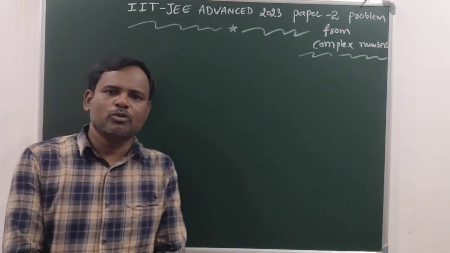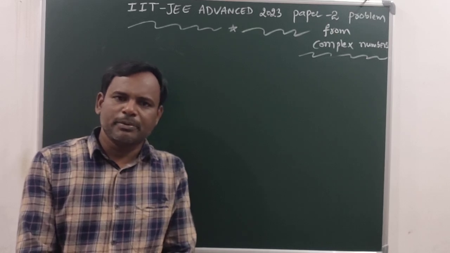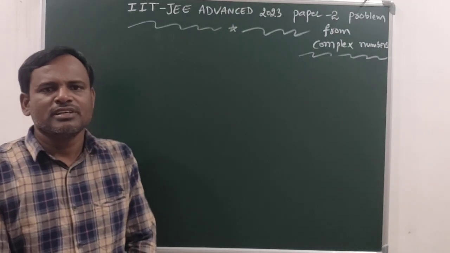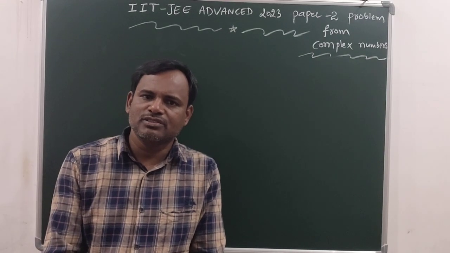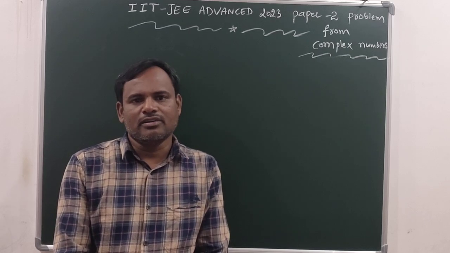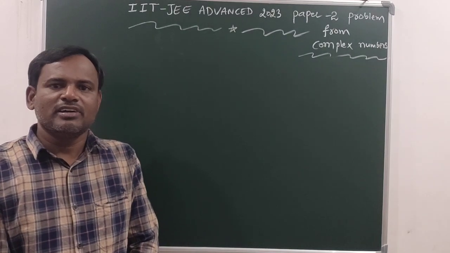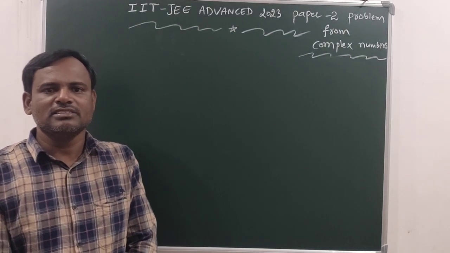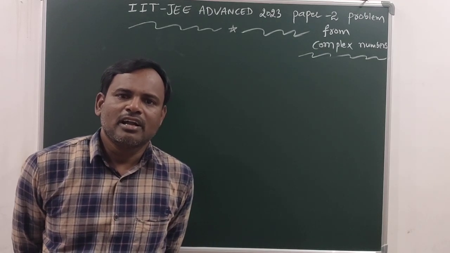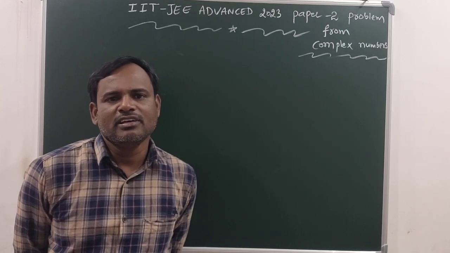In this class, now I am going to explain you JEE Advanced 2023 paper 2 question. This question is from complex numbers. See that question. There is one circle of radius 2 units and a regular octagon which is inscribed in a circle, and they mentioned vertices of the regular octagon as A1, A2, A3 and so on to A8, and also they mentioned P is any one point on the circumference of the circle.